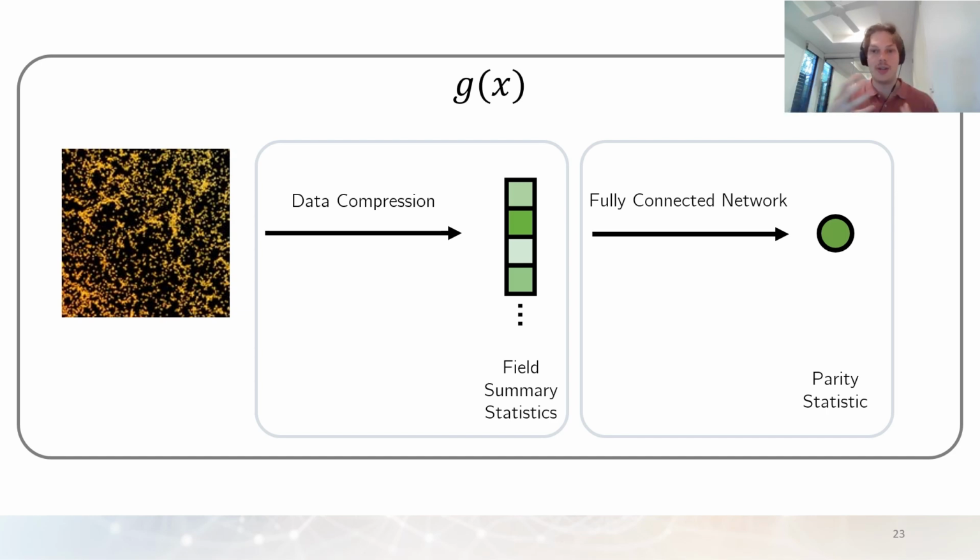It's just learnt the parity violation in its own specific data set. So by separating out the data compression step, we can actually use some non-machine learning or very loosely deep learning approaches in that compression step, and then pass those through to a fully connected network. And keeping those separate can make things work out a little better for us.